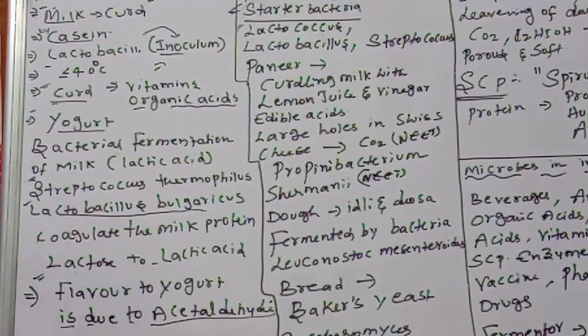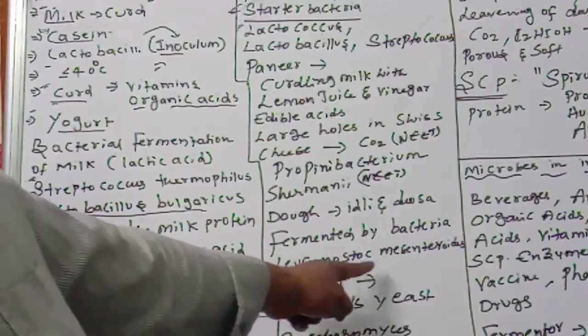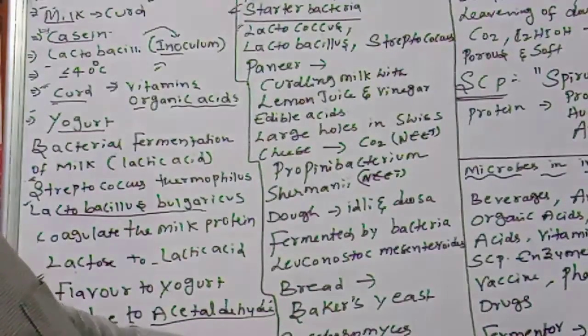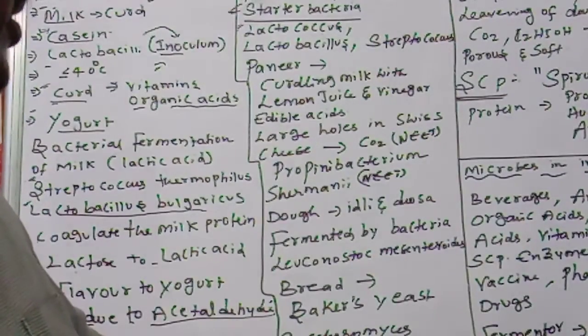Dough for idli making and dosa making, which bacteria will we use? Fermenting bacteria, Leuconostoc mesenteroides. Bread, baker's yeast, Saccharomyces cerevisiae, which is useful for the fermentation of glucose, making ethyl alcohol and carbon dioxide.